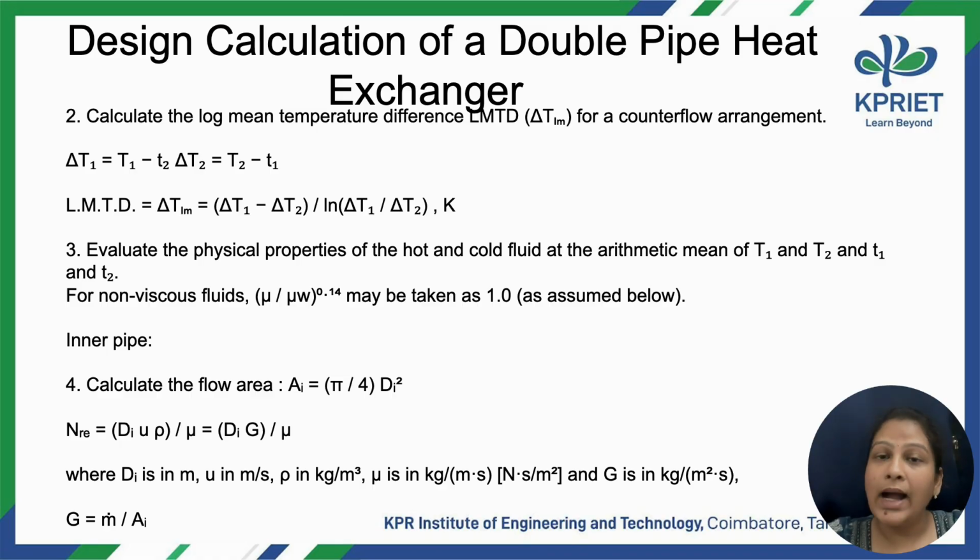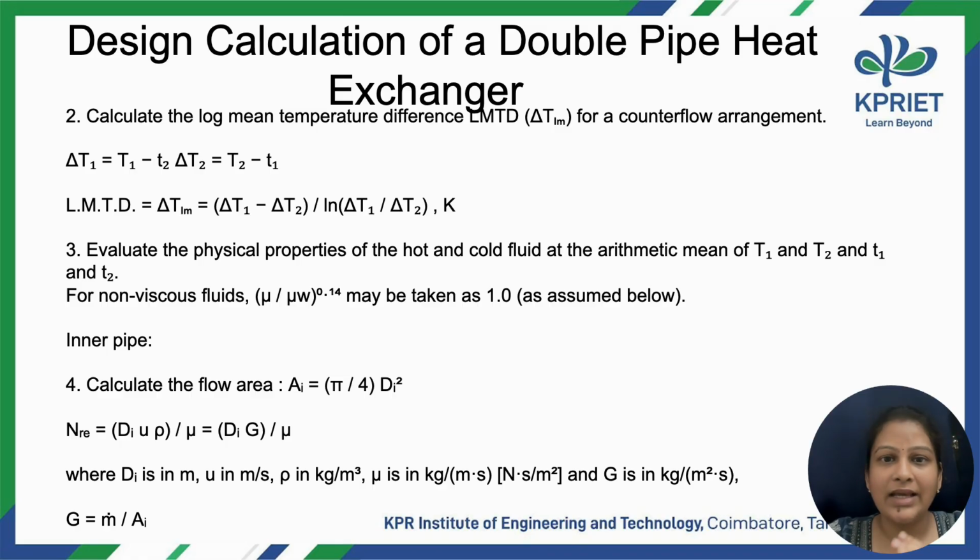In this case, the mass velocity of the fluid will be given in your problem. So we can find out the velocity through this mass velocity by using this formula, mass flow rate divided by area. And it's very important to note that here the diameter we are going to use for the calculation of area is the inner diameter of the inner tube.